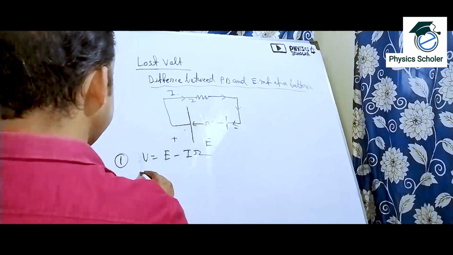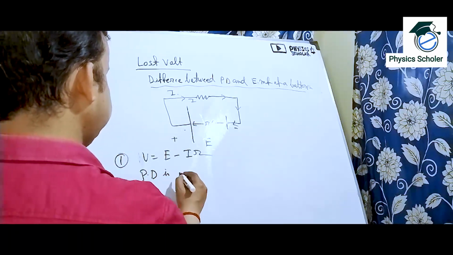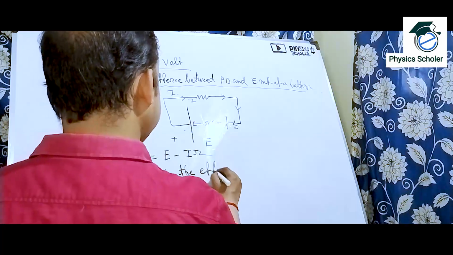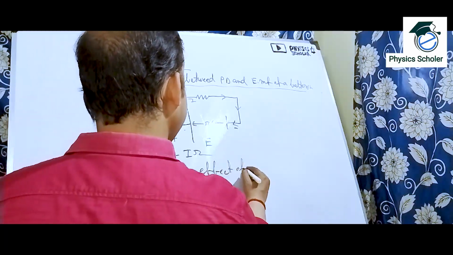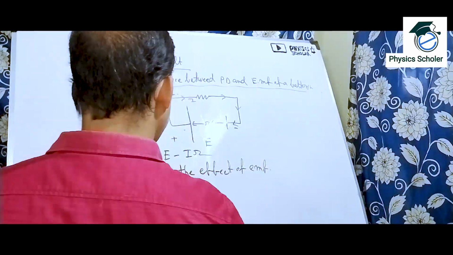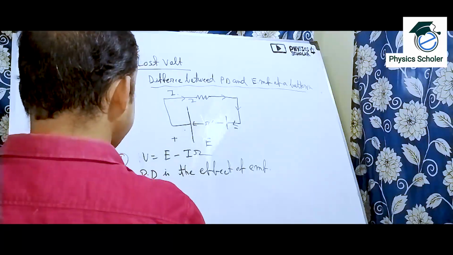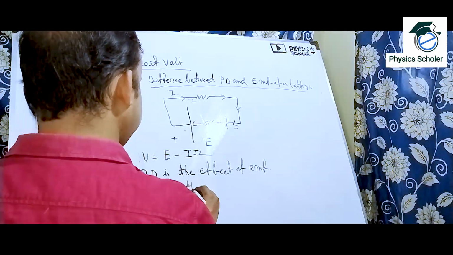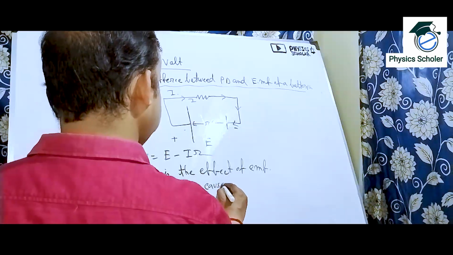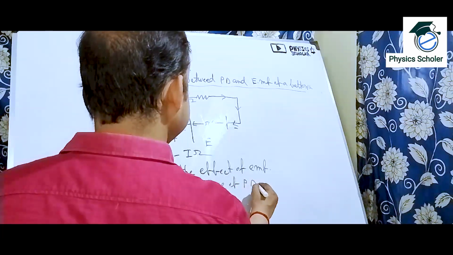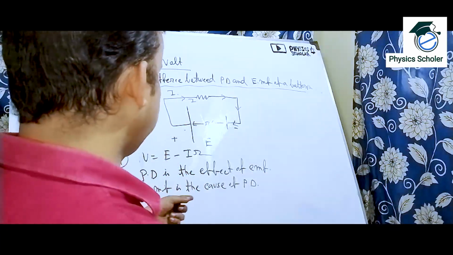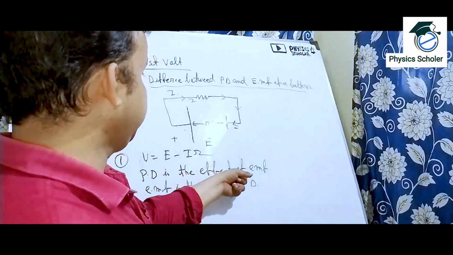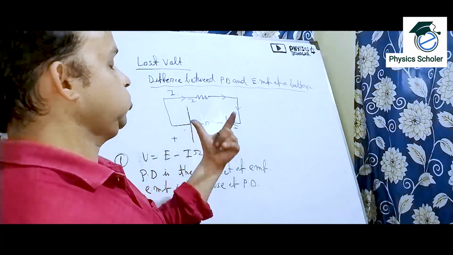So potential difference is the effect of EMF, and EMF is the cause of potential difference. Okay, EMF is the cause of potential difference, and the potential difference is the effect of EMF. Due to the EMF, the potential difference will be created.